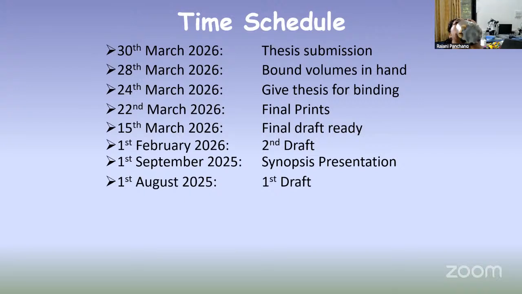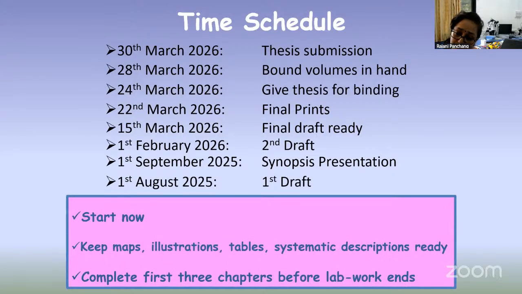So it is important that the first draft of your thesis is ready before your synopsis presentation. I always say, maybe this is the first day of your PhD. Start writing now.